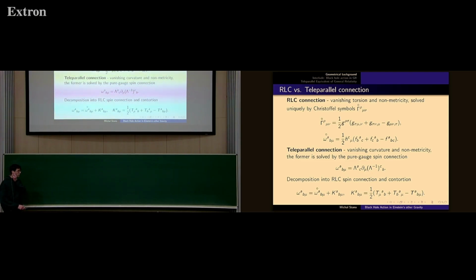In this case, we usually call them Christoffel symbols, and as you can see, these are precisely given in terms of the spacetime metric.